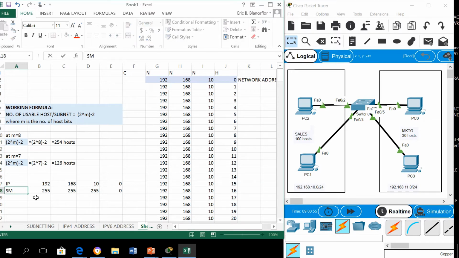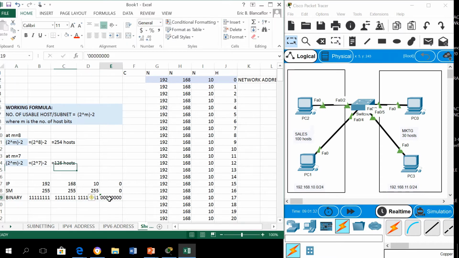Let's look into the subnet mask in binary: 1 2 3 4 5 6 7 8, 1 2 3 4 5 6 7 8, 1 2 3 4 5 6 7 8. And this last group is the value of m: 1 2 3 4 5 6 7 8. These are the 8 host bits.